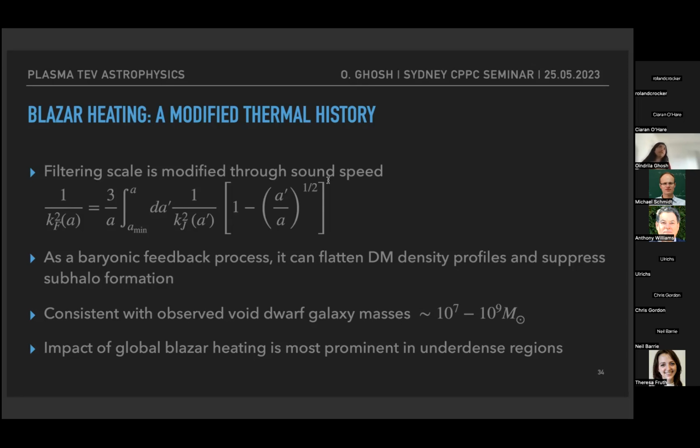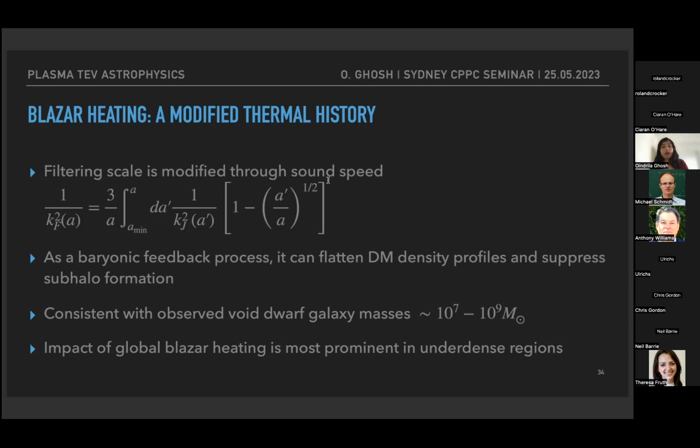And especially if we look at, for example, void dwarf galaxies, which have masses of 10 to the power 7 to 10 to the power 9 solar mass, the corresponding Jeans masses and the corresponding filtering masses that we obtain.